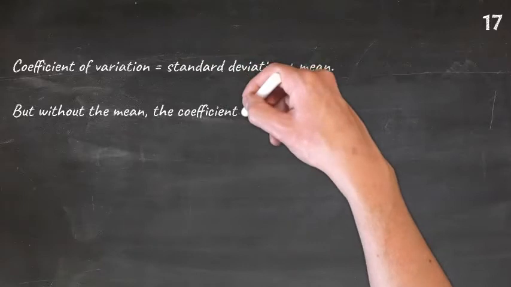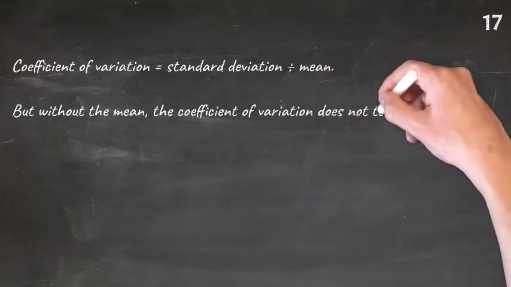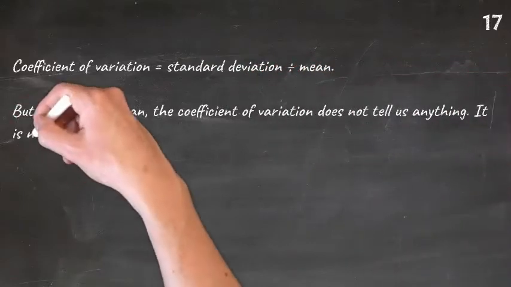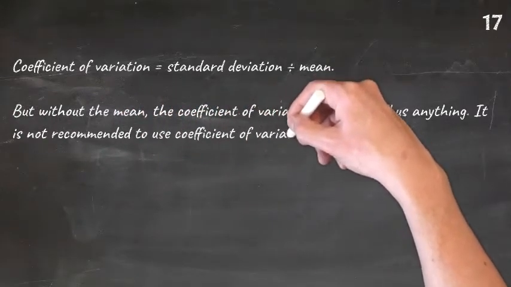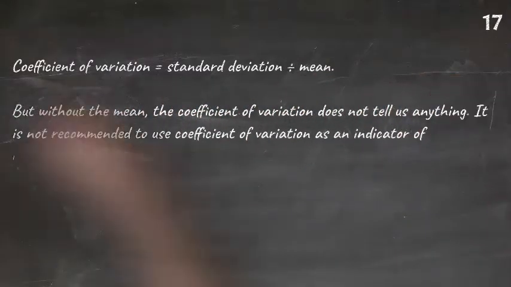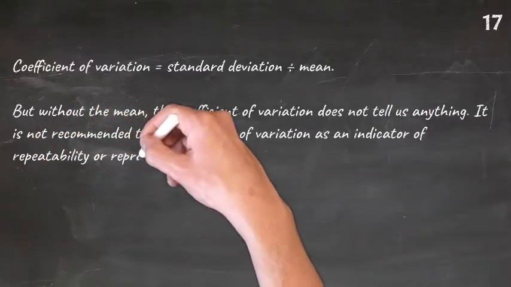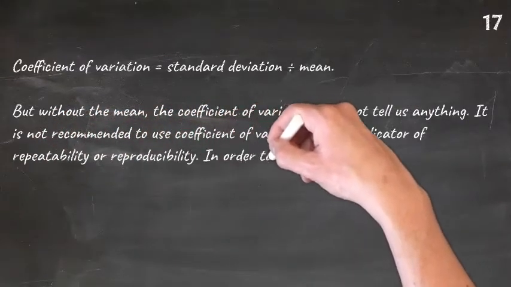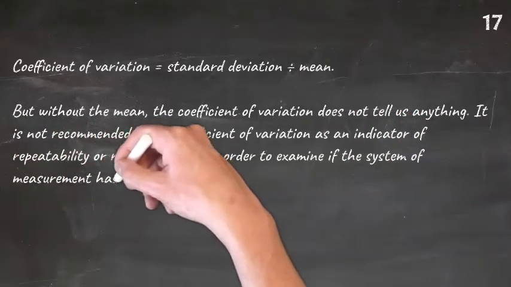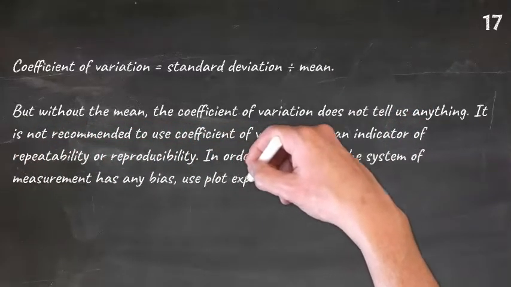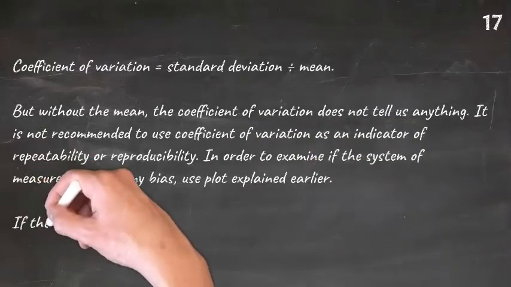But without the mean, the coefficient of variation does not tell us anything. It is not recommended to use coefficient of variation as an indicator of repeatability or reproducibility. In order to examine if the system of measurement has any bias, use the plot explained earlier. If the coefficient of variation does not vary object to object, it is an indication of bias.